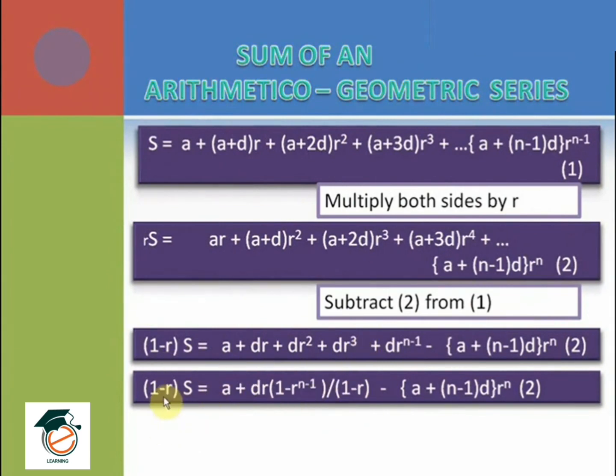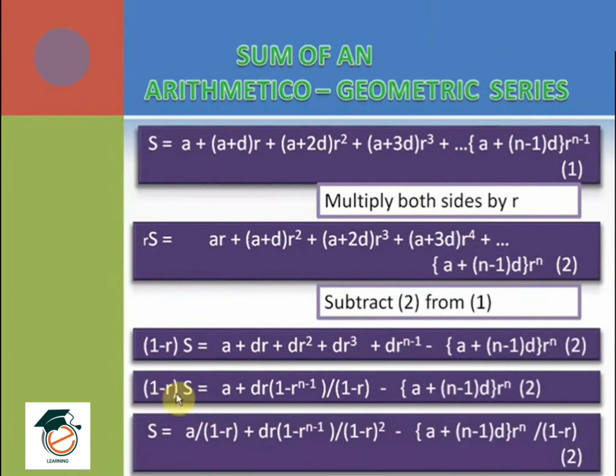So we write this equation as 1 minus r into s equal to, this term remains the same, a plus the summation of this, which becomes dr into 1 minus r to the power of n minus 1 divided by 1 minus r, minus this term, which is a plus n minus 1 into d into r to the power of n. Now what we do is we divide both sides by 1 minus r.